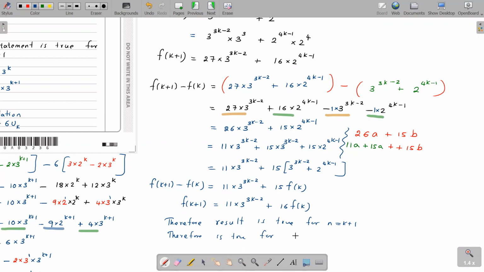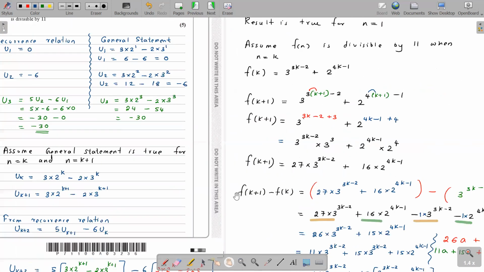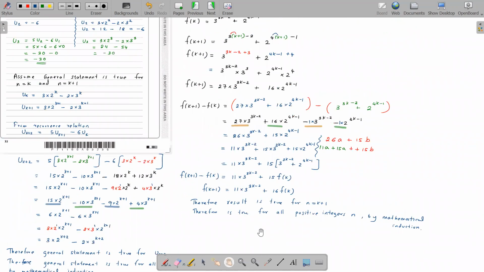Therefore, the result is true for all positive integers n by mathematical induction. Okay, so this is the end of our paper.